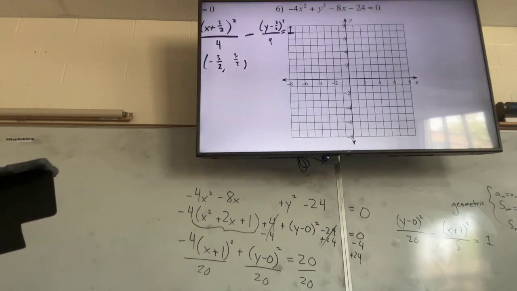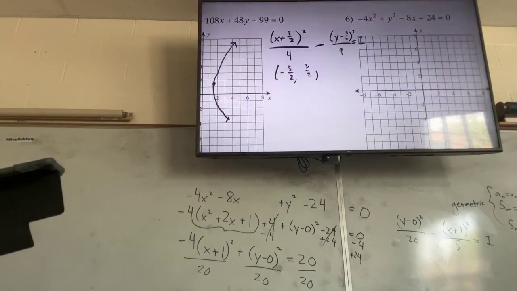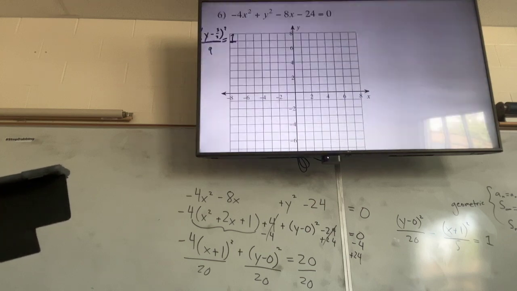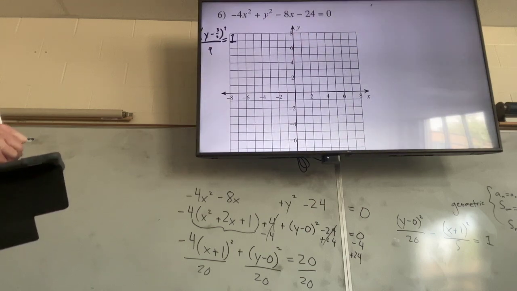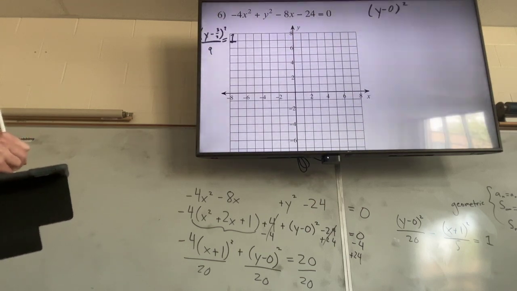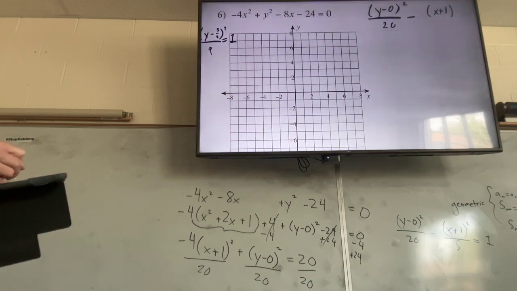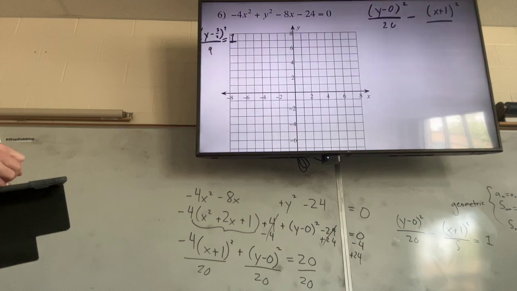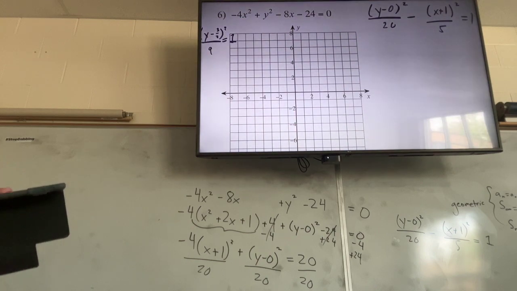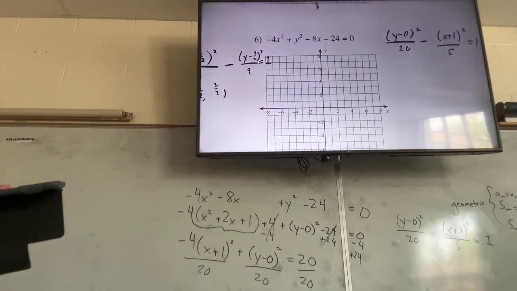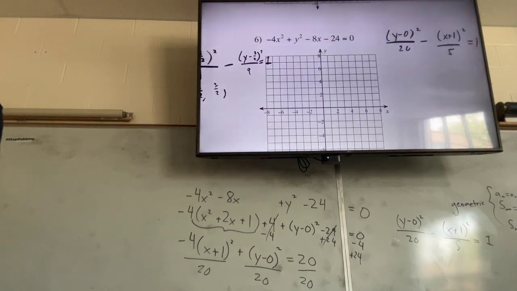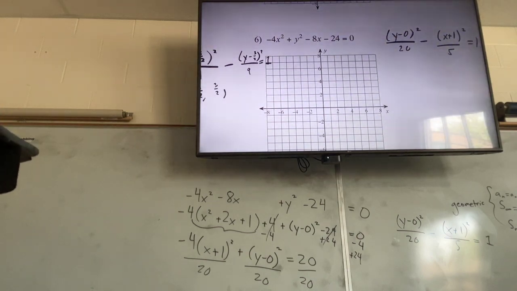Negative 1, 0. Be careful, guys. Right, so I'm actually going to write that down. Here's my standard form. Okay, it's negative 1, 0, not 0, negative 1. Don't write down the wrong thing. Negative 1, 0 is my center.